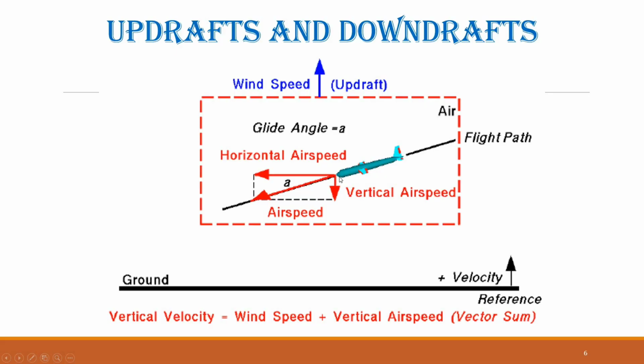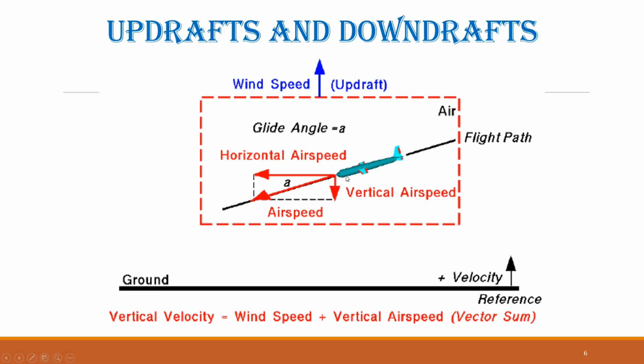The air also has its own vertical motion, described by a quantity called the wind speed. Since this wind speed is a vector, it can point upward or downward. Positive vertical motion is referred to as an updraft, while negative vertical motion is called a downdraft. The vertical motion of the glider relative to the ground is the vector sum of two quantities, its vertical airspeed and the vertical wind speed.